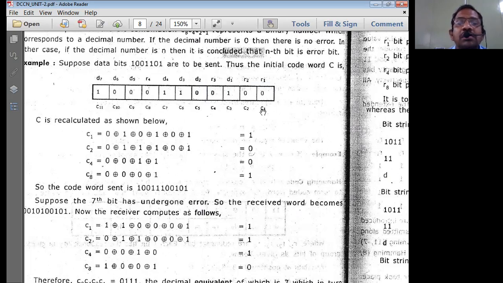So at the first position we write 0. At the second position we write 0. See, this is C2, means at the second position, right? So first position, second position, fourth position 0, and eighth position 0. These are the redundant bits. So initially we assume that the redundant bits are not having any errors.